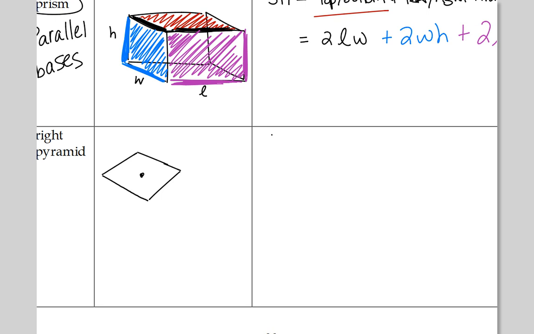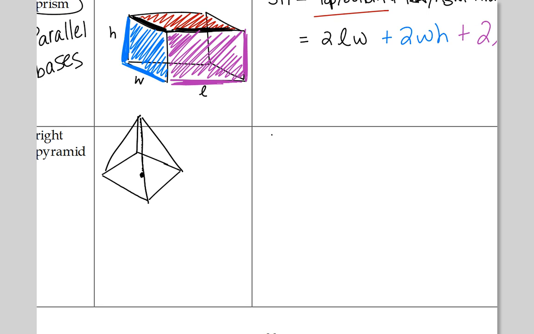Find a middle point of that squished square. And then go straight up from that with a dotted line. Like this. And then you can connect that dotted line to the 4 corners. So boom, boom, 2 more, and there it is.